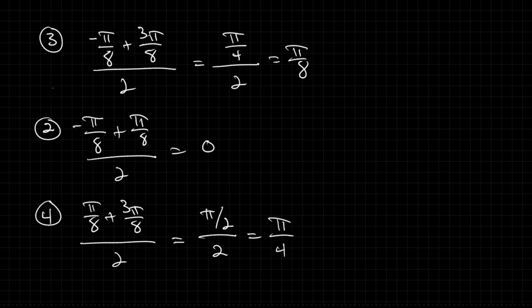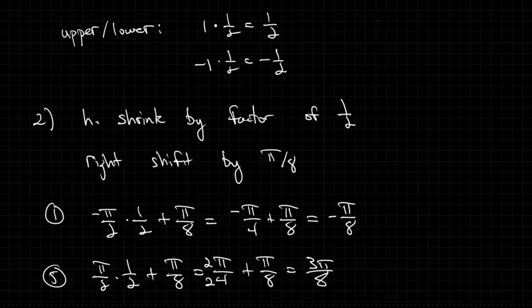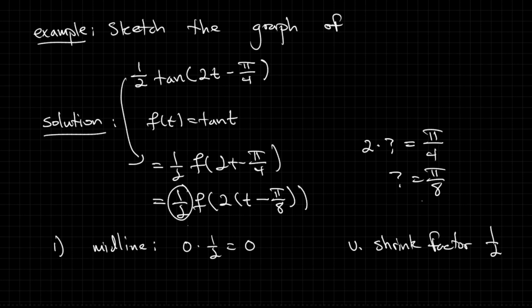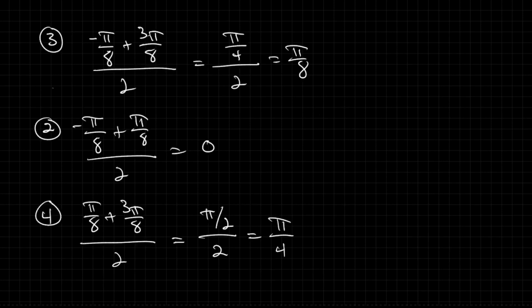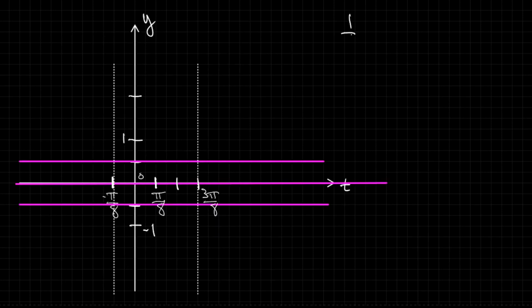Now we can go back to our graph, and let's remember what we're sketching. We're sketching 1/2 tan of 2t minus pi over 8. And we already have our important t coordinates marked because, as I mentioned before, you can sometimes find them just by inspection.